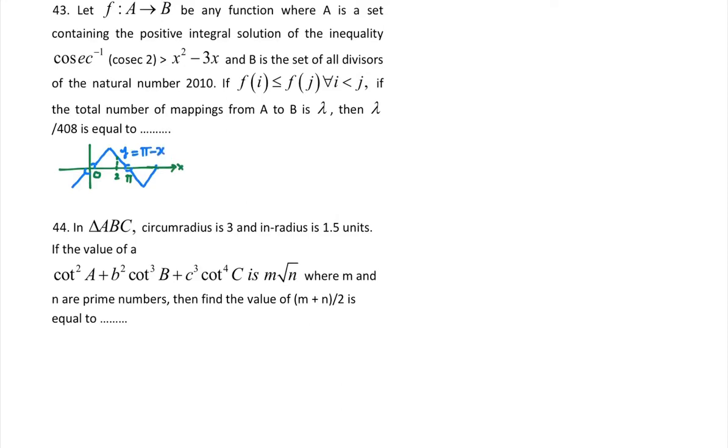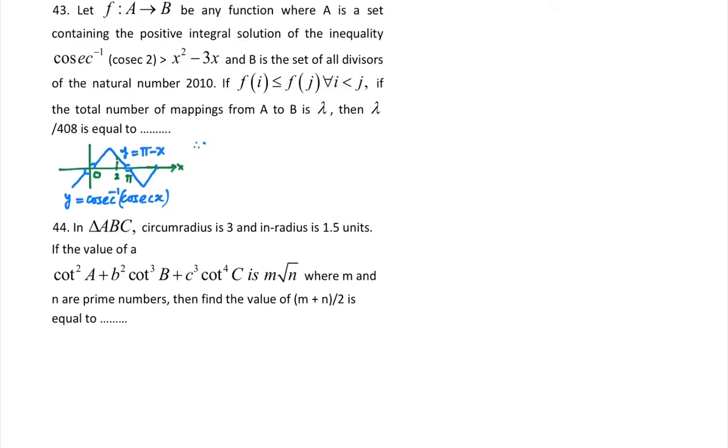If I put x equal to 2, I will get cosec inverse cosec 2, because this is the graph of y equal to cosec inverse cosec x. So from here we get the value of cosec inverse cosec 2 as pi minus 2.